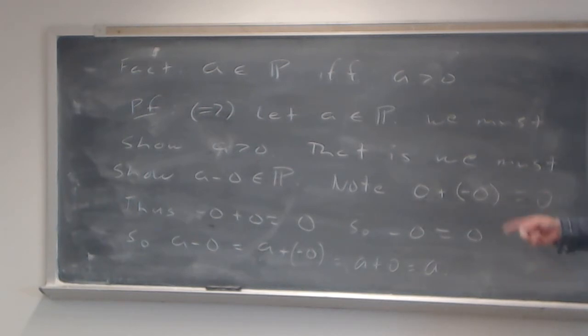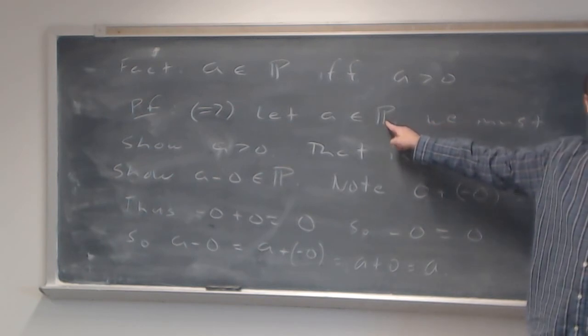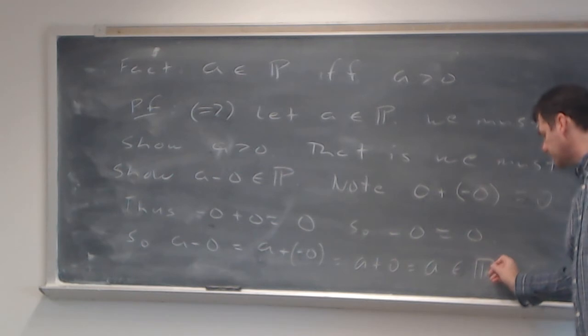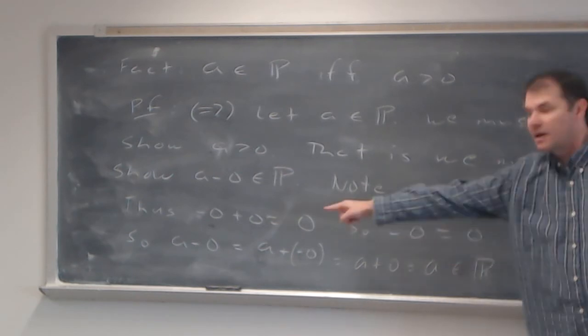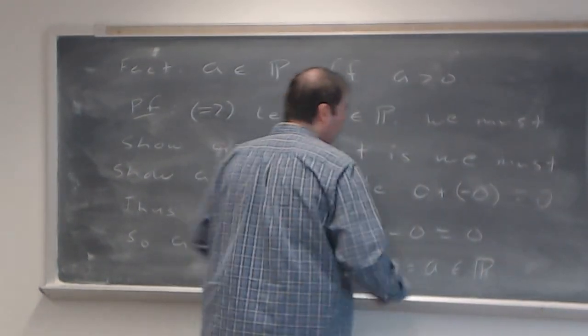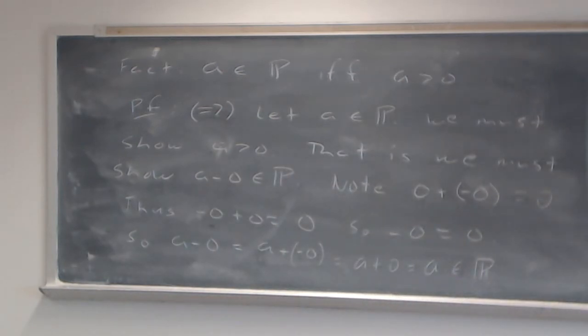But what do I know about A? I'm assuming that A is a positive number. Since A is a positive number, and A is the same thing as A minus 0, that means that A minus 0 is a positive number. Look, I'm going real slow, but we're making sure everything is verified.